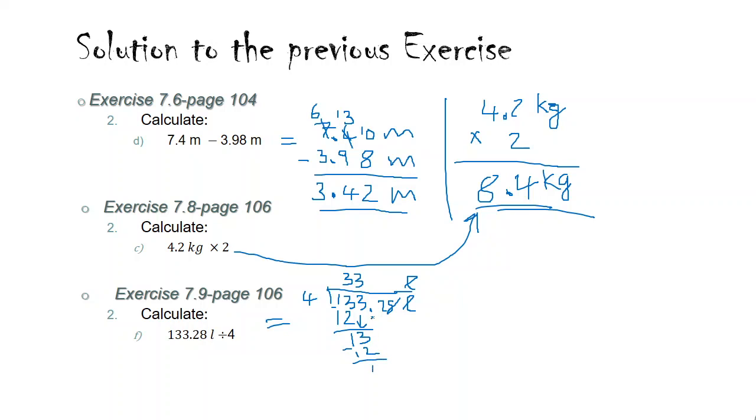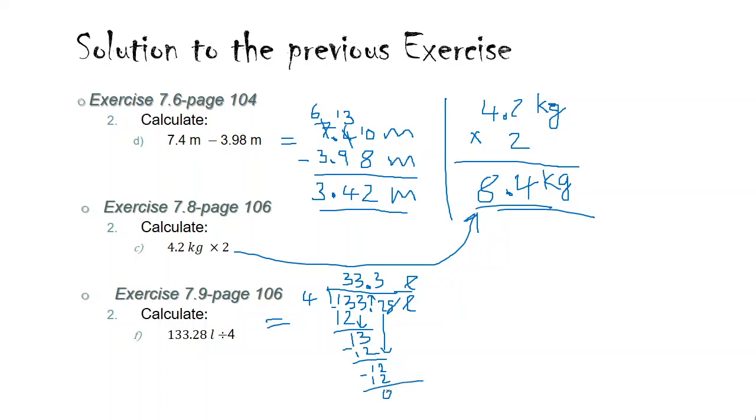The decimal point should go up. The decimal point comes here, and you bring down the next digit, which is 2, then we have 12 again. 4 goes into 12 3 times. 3 times 4 is 12. Minus, you get 0.